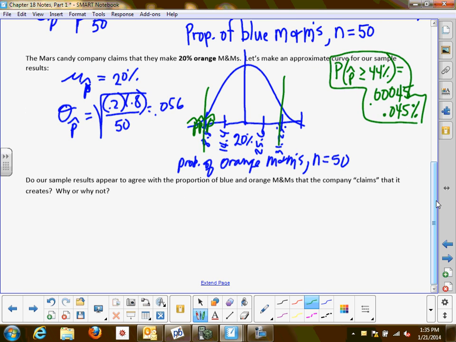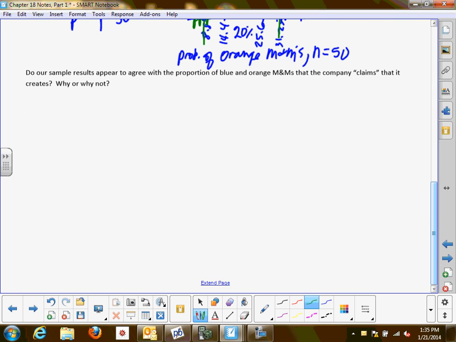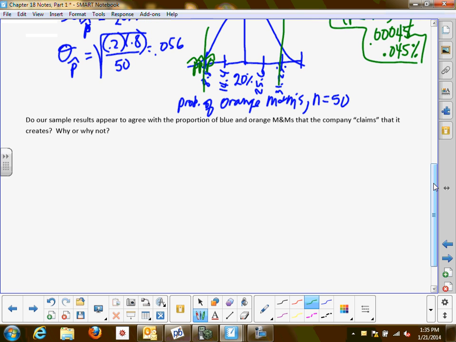So, in summary, how do we tell if our sample results agree with the proportion of blue or orange M&Ms that the company claims that it has? Okay, we're actually just going to kind of answer this differently. So we're going to say this.